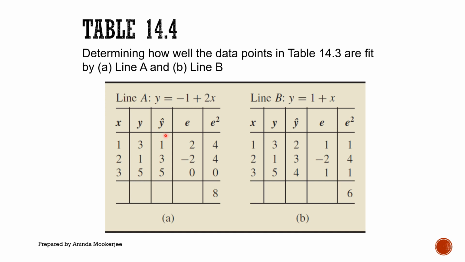Now, the predicted Y values we indicate with Y hat. We put this hat over it to indicate predicted values, and those predicted values come from this equation. So what we do is we take each x value, plug it into the equation, and come up with the corresponding y value and write it down here.